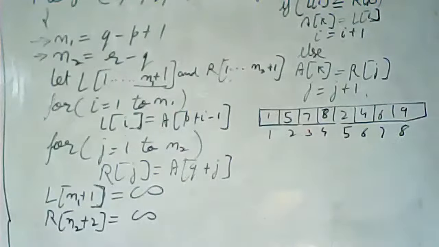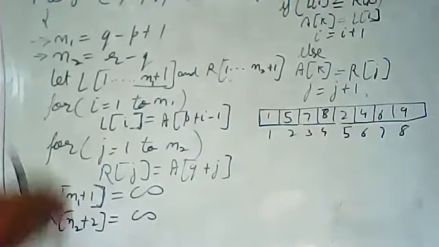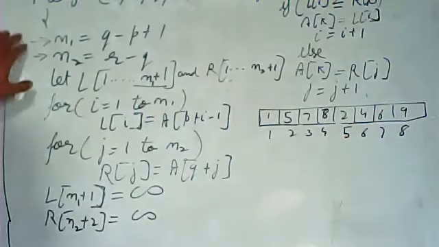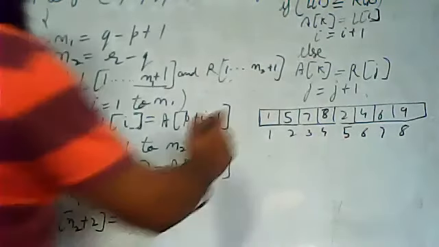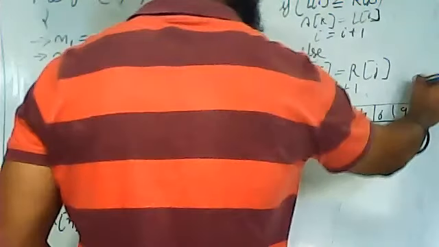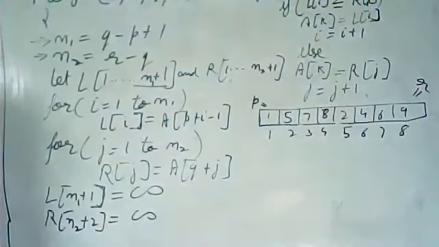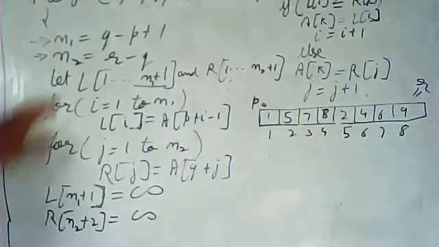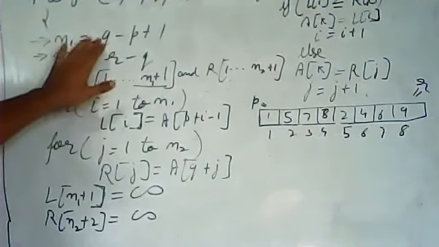So in order to sort that, according to this algorithm, we have calculated the lengths. Let's say this one is P and this one is R, the starting point and ending point of this array. Now we have calculated n1 and n2. What is n1? Q minus P plus 1.